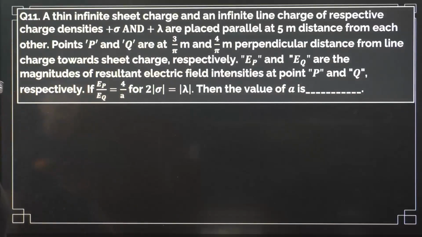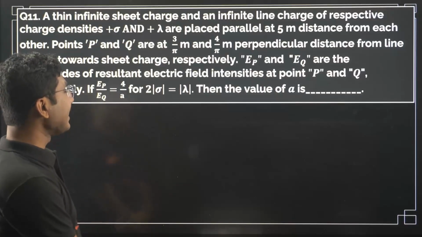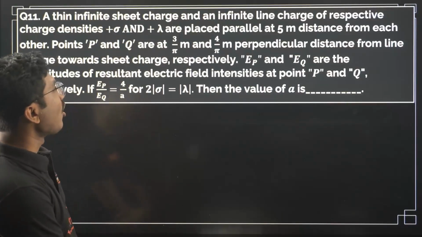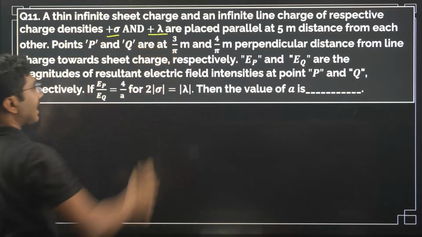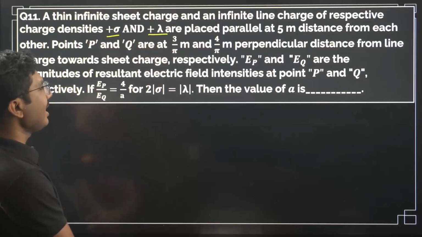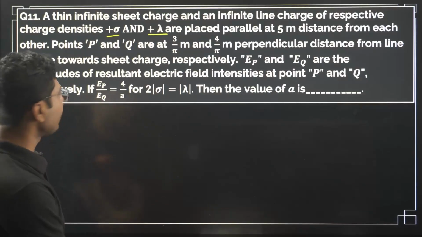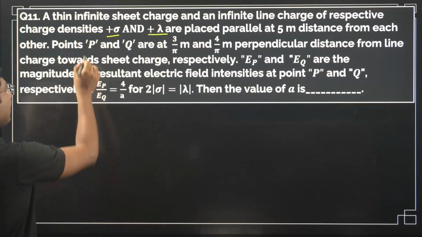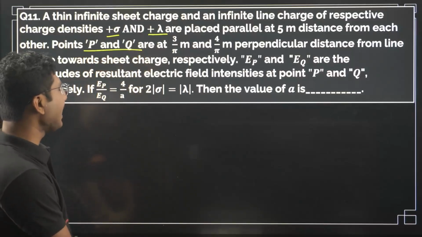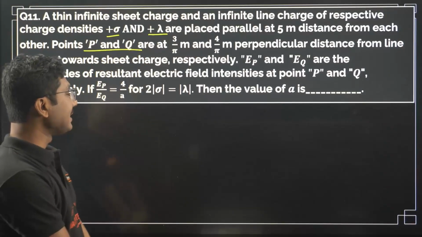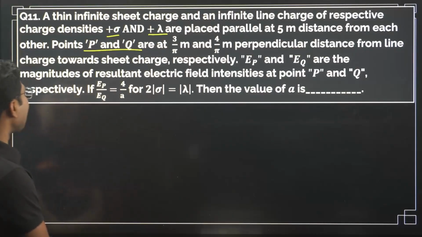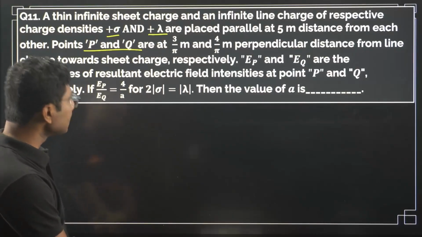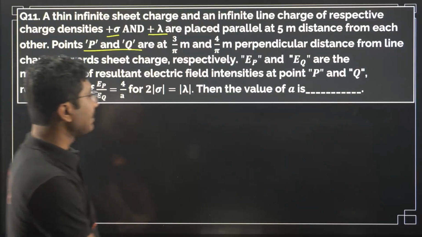Next question. A thin infinite sheet of charge and an infinite line charge of respective charge densities plus sigma and plus lambda are placed parallel at 5 meter distance from each other. Points P and Q are at 3 by pi meter and 4 by pi meter perpendicular distance from the line charge towards the sheet of charge respectively.